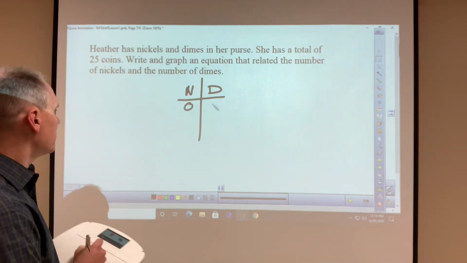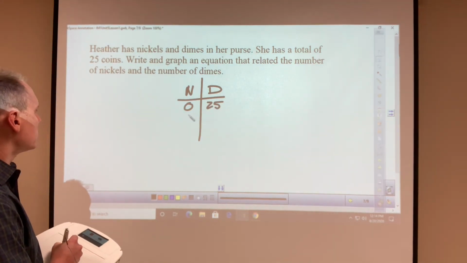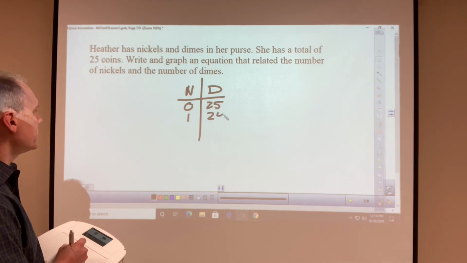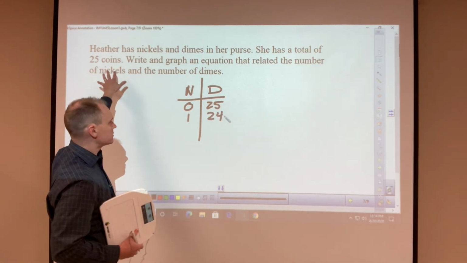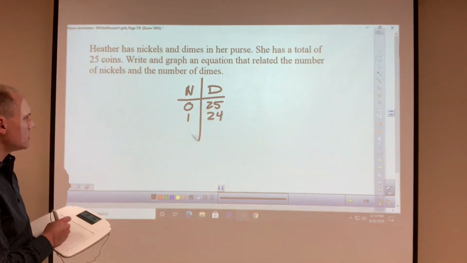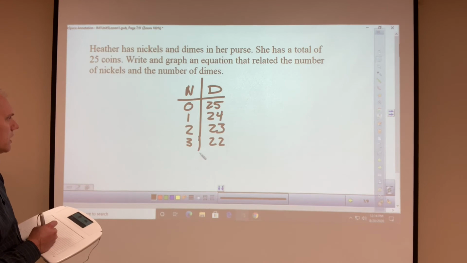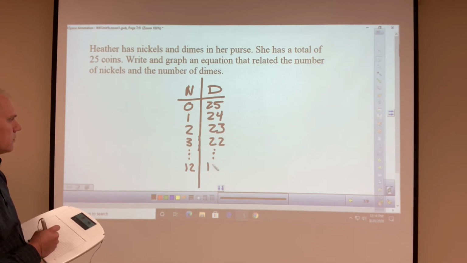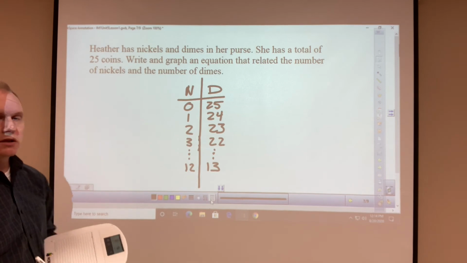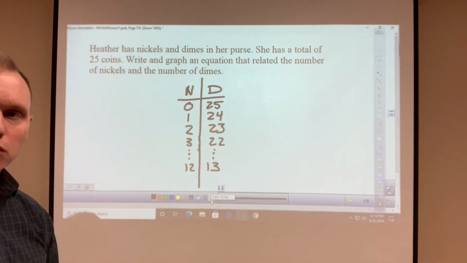We'd have 25, right? What if we had 1 nickel? Then we'd have 24 dimes, right? Because we know that the total number of coins is 25. So we could just list all of these out. 2 would be 23 dimes, 3 would be 22, on down. Even if we had 12, we could quickly find that the number of dimes would be 13, as long as they add up to 25.